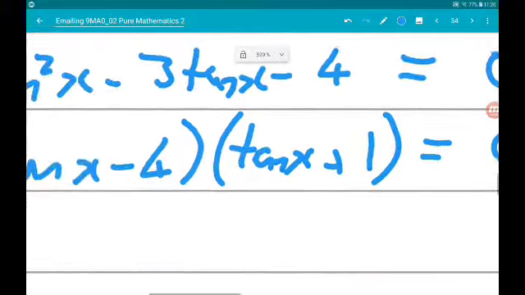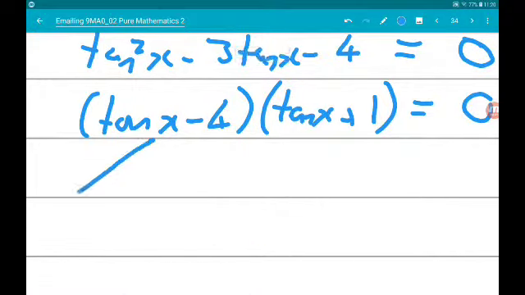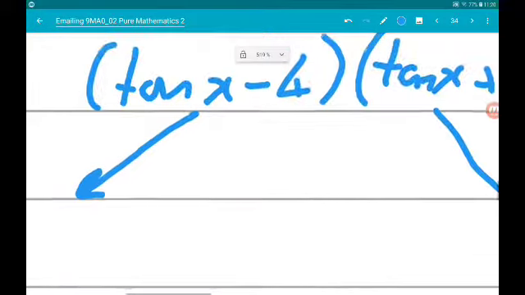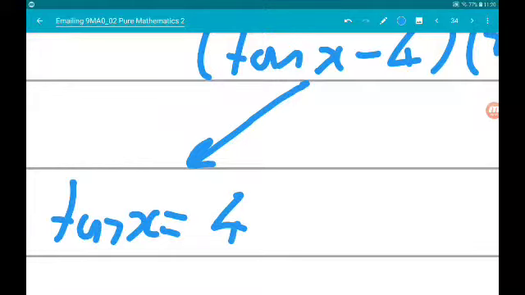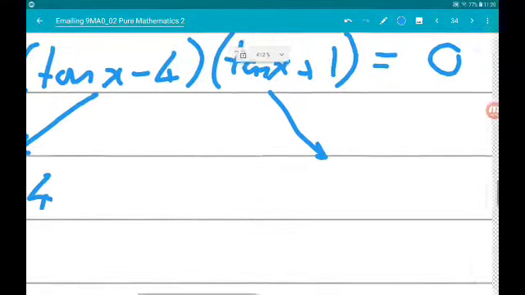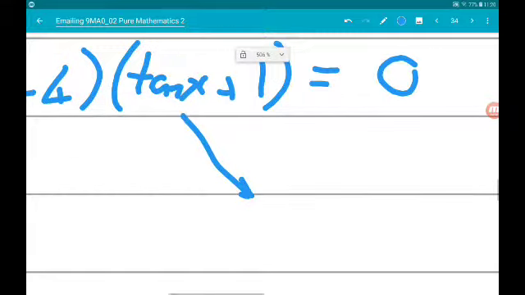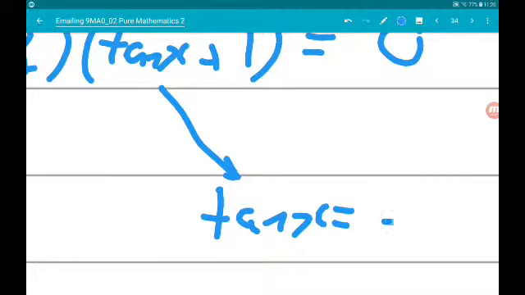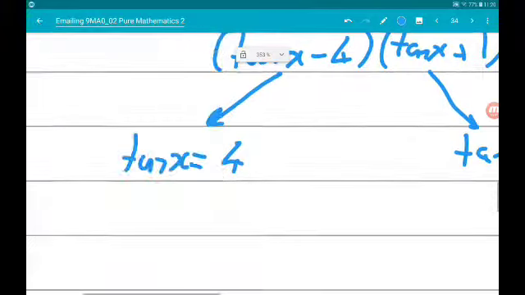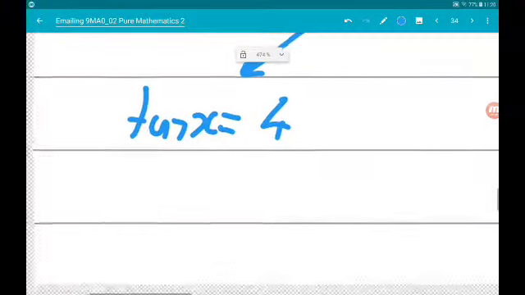So that now gives us two separate equations to solve. First one is tan of x is equal to 4, and the other one is tan of x is equal to minus 1. So let's do this chap first of all.